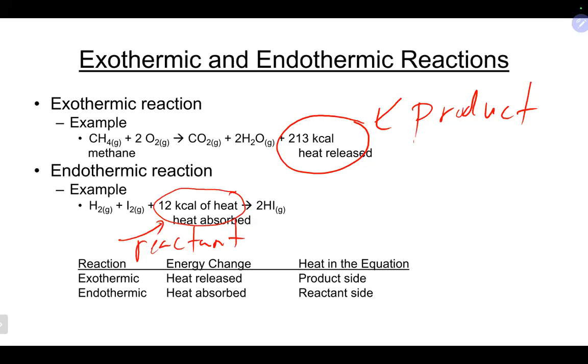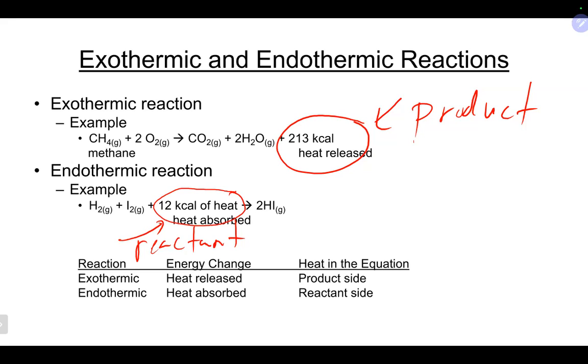So this is going to be important a little later on, very last chapter, when we talk about what is known as Le Chatelier's principle. We think about energy and how it affects the reaction. And you oftentimes will think of an exothermic process as the energy being a product, while you think of an endothermic as being a reactant.